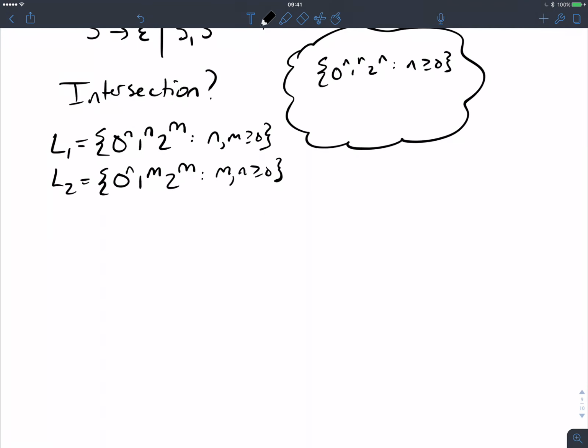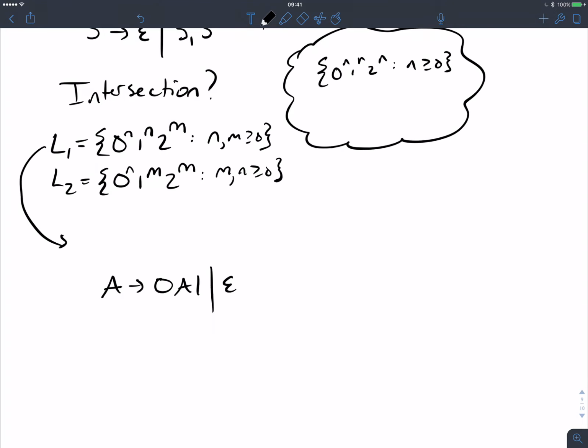Well, I actually argue it's pretty easy. So here, can I make a grammar for 0 to the n, 1 to the n? Ignore the 2 part. Yeah, so that's actually pretty easy. So I'm going to have A make that part. We had a grammar for 0 to the n, 1 to the n before.